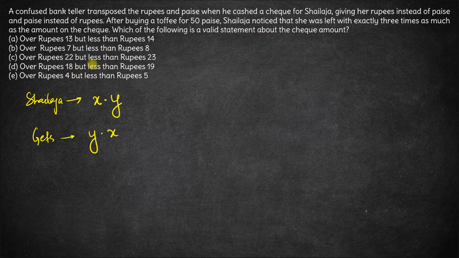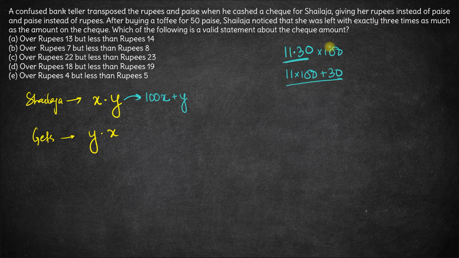So let's do one thing. Let's convert all these amounts into paise, right? So X rupees is effectively 100 into X paise and Y paise is Y paise, right? If you want to convert 11 rupees 30 paise into paise, you multiply the rupees by 100, so you have 11 into 100 paise plus 30 paise.